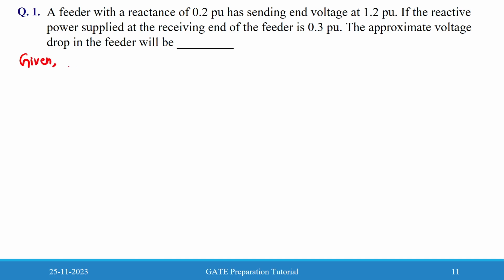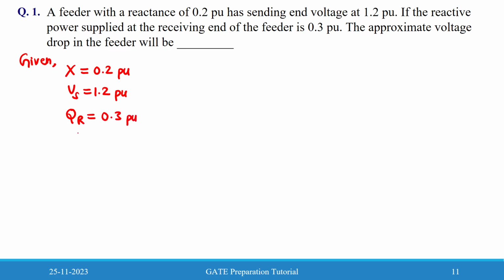So the reactance value of the line is given as 0.2 per unit, and sending end voltage is given as 1.2 per unit, and reactive power supplied at the receiving end, QR, is given as 0.3 per unit.